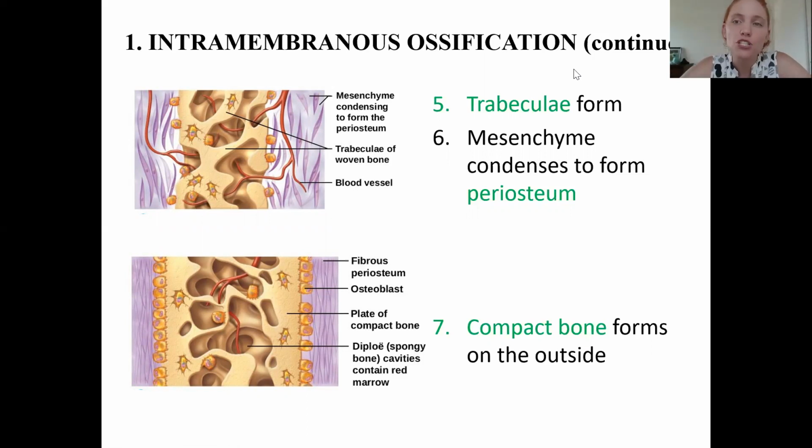So that bone tissue is going to start creating trabeculae, which are just the columns of bone within the spongy bone. And then they're going to start creating compact bone on the outside. So we have the spongy bone sandwiched in the middle, and then compact bone is going to form on the outside, and that's how you're going to grow and create those flat bones of the skull.